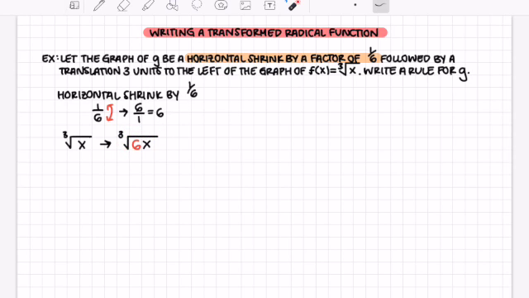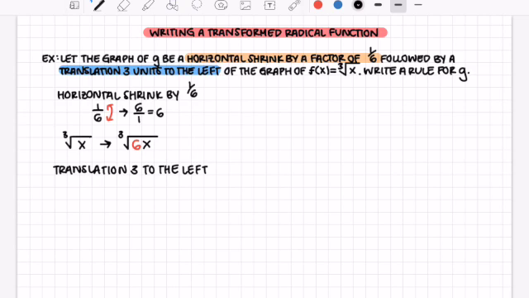The next transformation that's being made here is the translation. And it says here that it's a translation 3 units to the left. So if it's 3 units to the left, that means that it's still on the inside of my radical.